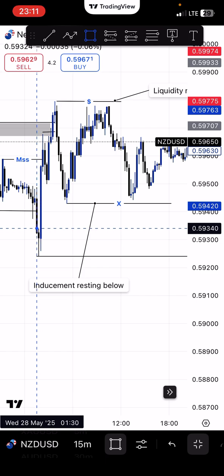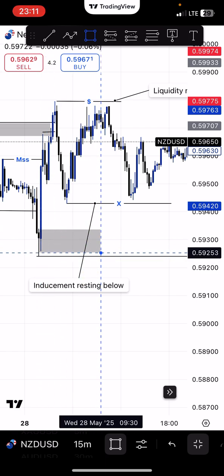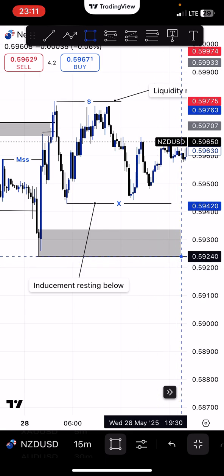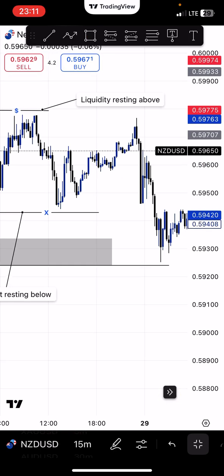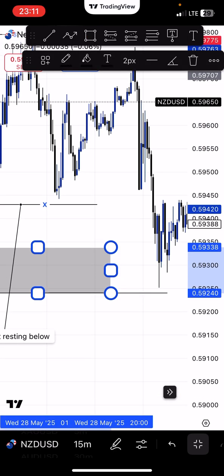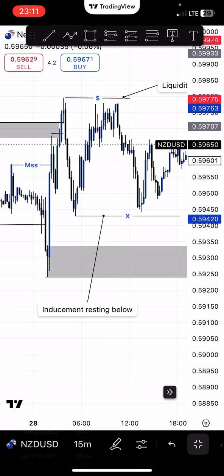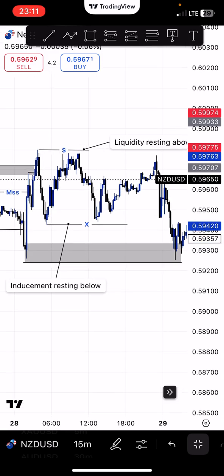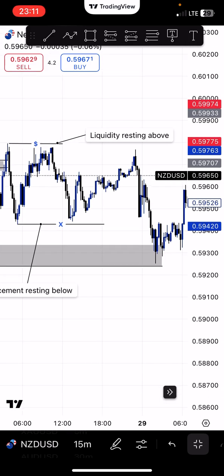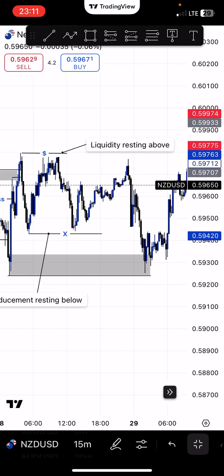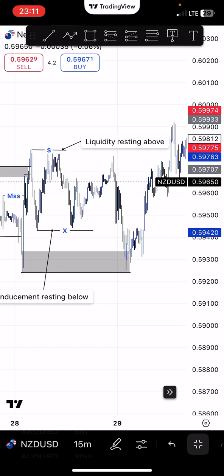So the last bearish candle before the bullish move, that is your order block. There are criteria for knowing a valid order block, and this is actually a very valid order block. Maybe in my next video I'll talk about that. So this is my order block. I know there's liquidity resting above, there's inducement resting below.